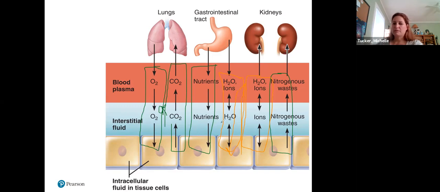And as we just talked about, water follows salt. So water is going to go into cells, and then it's going to go out of cells. So water and ions move in both directions. And that is really what fluid balance is. It's balancing the concentration of water and ions between compartments.